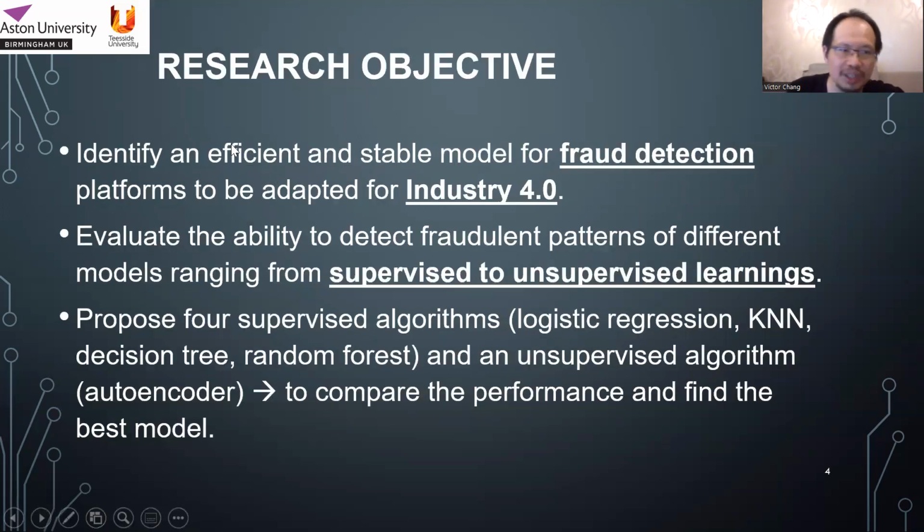So our research objective is to identify an efficient and stable model for fraud detection platforms to be adapted for Industry 4.0, so that everybody can pay and use financial services in a very safe manner. We can evaluate the ability to detect fraudulent patterns of different models, ranging from supervised to unsupervised learning.